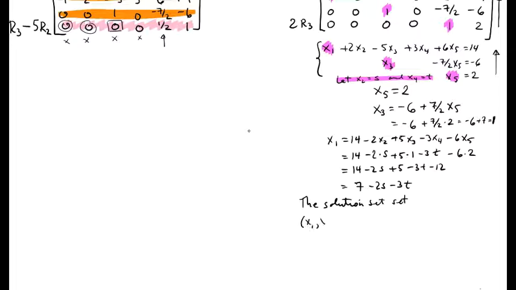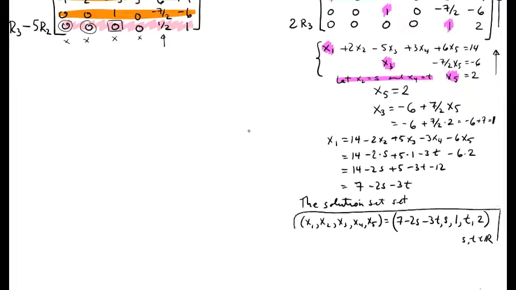You group them all together. x1, x2, x3, x4, and x5 is going to be equal to: x1 is 7 minus 2s minus 3t, x2, sorry, is s, x3 is 1, x4 is t, and x5 is 2. If you want, you can put s, t part of the real numbers, but you don't have to. It's understood.